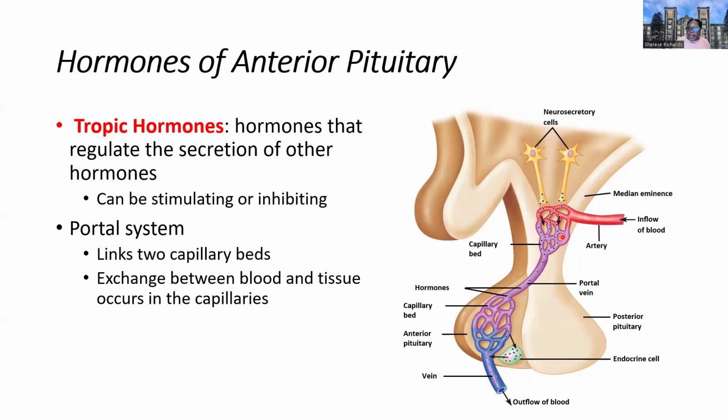They are instead released into the capillary beds that pass through the hypothalamus, specifically the median eminence of the hypothalamus. Those hormones are picked up here. They are transported by a portal system to the anterior pituitary, and then they are released to the anterior pituitary where they can have their effect, again, either to stimulate the anterior pituitary or inhibit the anterior pituitary.